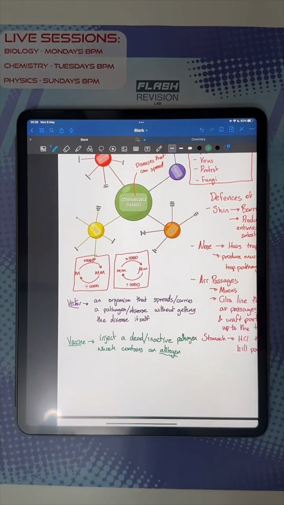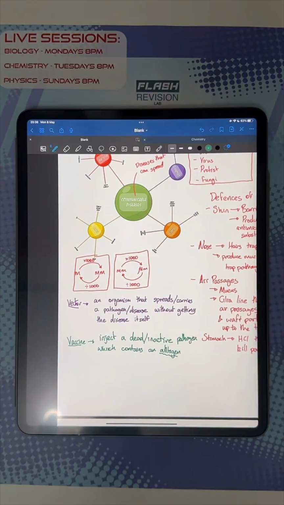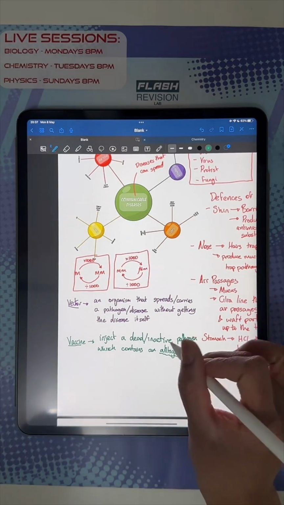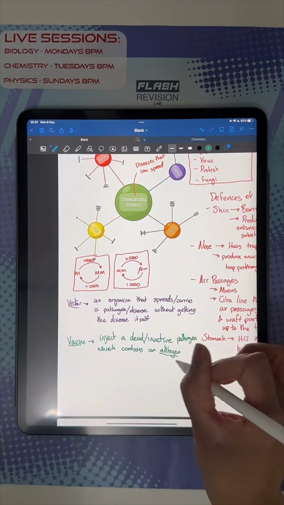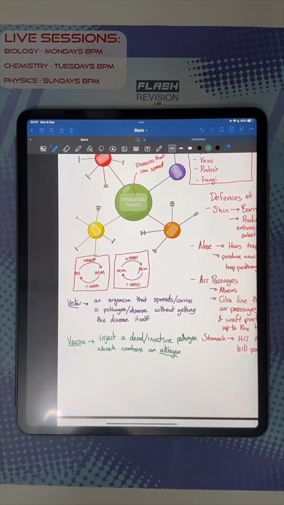Our body treats it, even though it's a dead pathogen, as if it's a real pathogen that's about to cause us harm. So our body thinks it's attacking our body. So it tries to fight it off, and the way it fights it off is by producing antibodies. Those antibodies lock onto the antigen and destroy the pathogen.